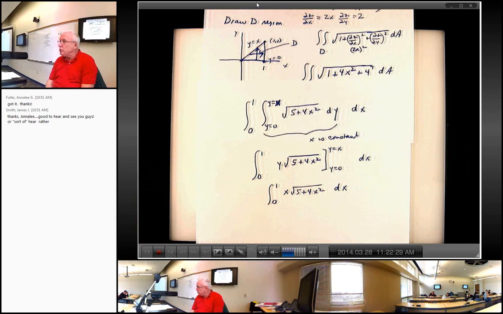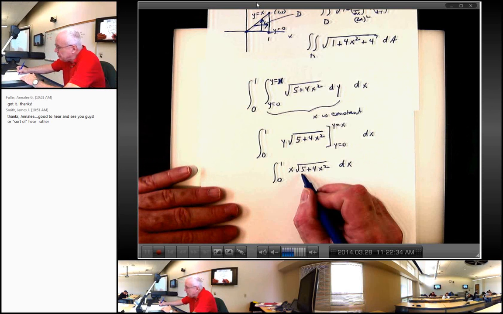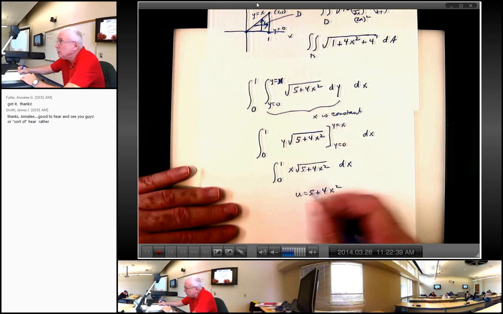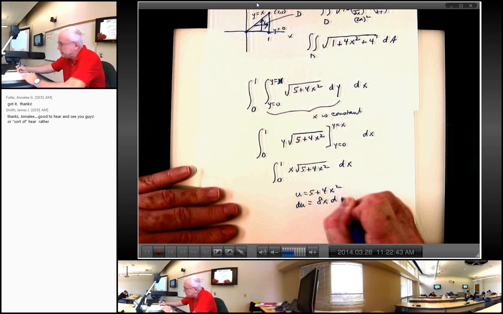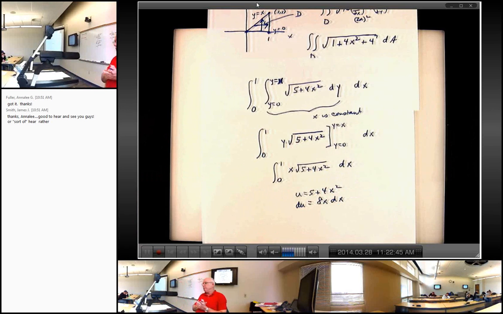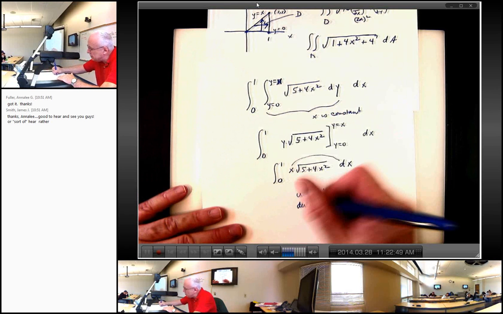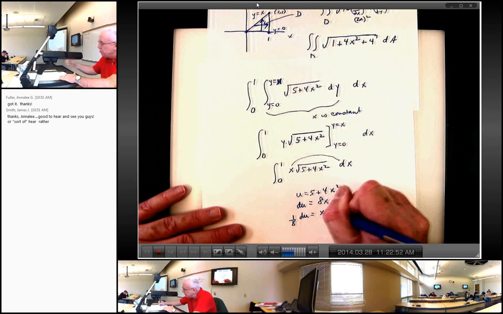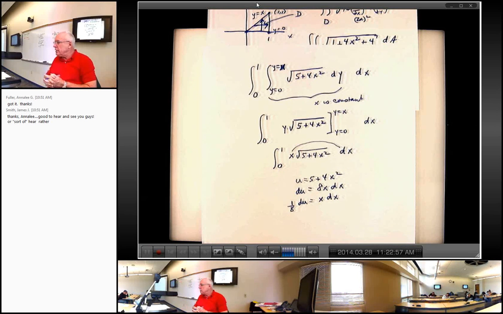So I'm going to do a u substitution, and it just happens to work very nicely. I'm going to let u equal 5 plus 4x squared. So therefore, du is equal to 8x dx. Now, I have an x dx, so if I divide both sides by 8, I can replace x dx with 1/8 du.